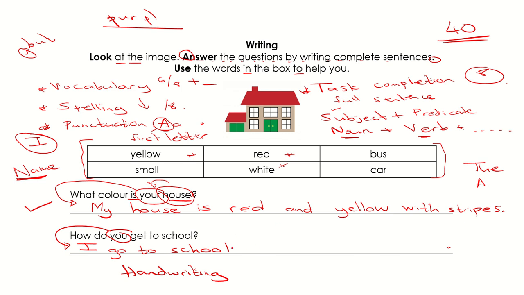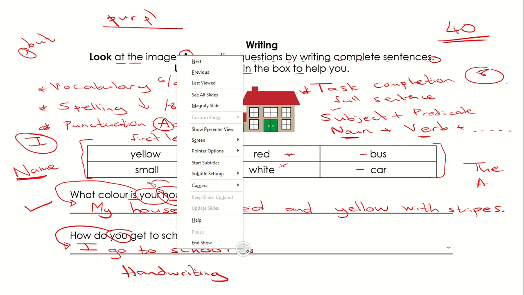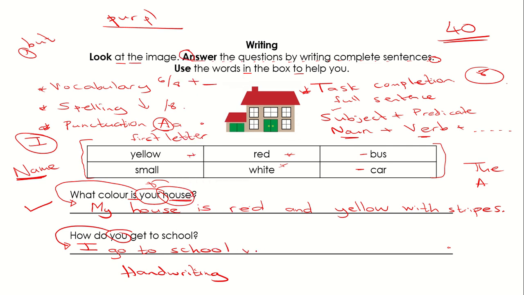We go to school using what? A bus or a car? You choose. So you say I go to school with a car, or I go to school with a bus, full stop.